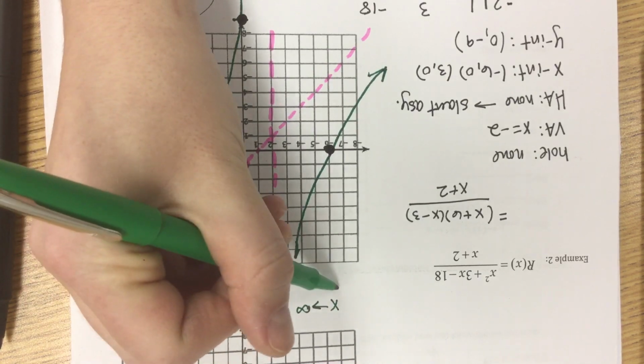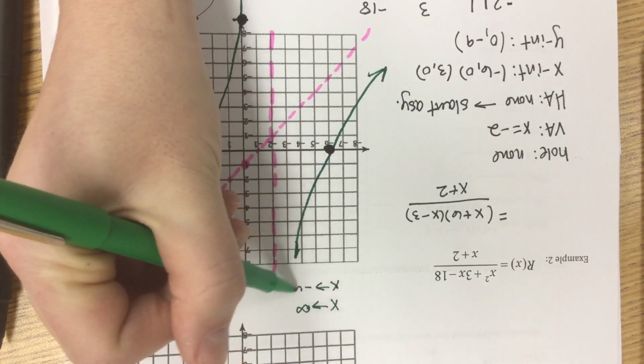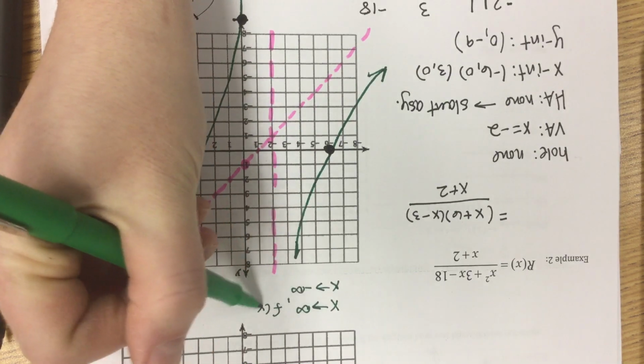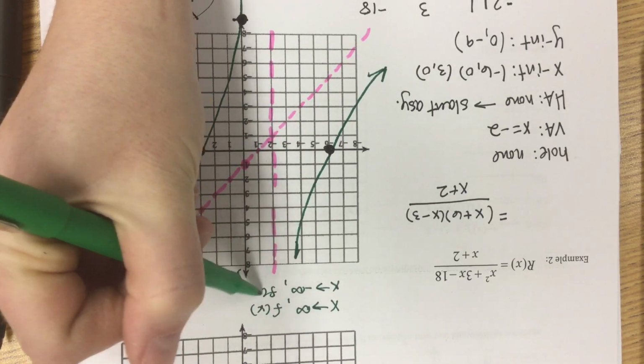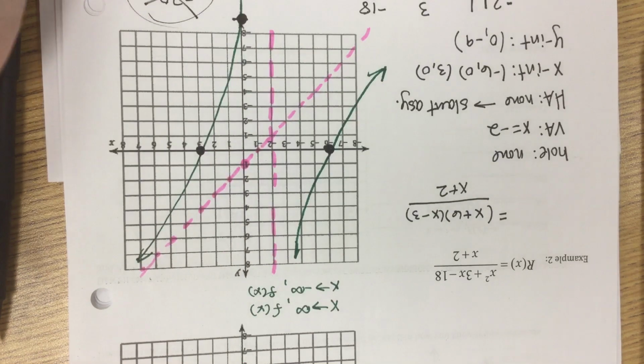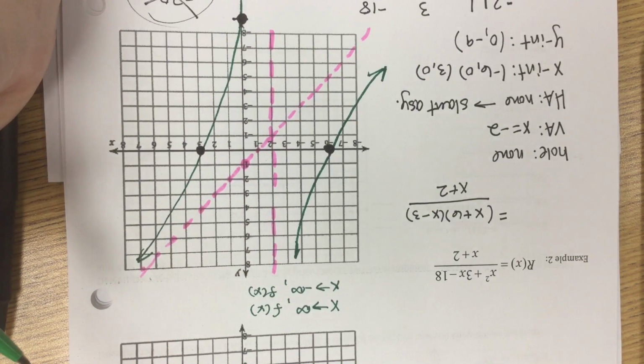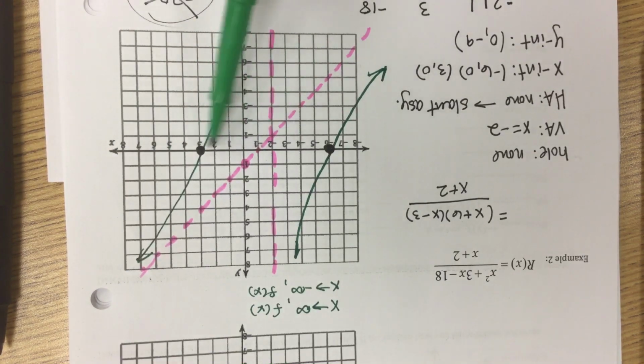And so what this means then is that in the past, when we've been looking at as x is approaching infinity and as x is approaching negative infinity, what's been happening with our functions is they've been approaching the horizontal asymptote. But I don't have a horizontal asymptote here. I have a slant asymptote. So let's take a look at what's happening.